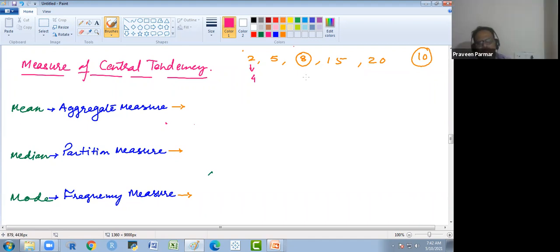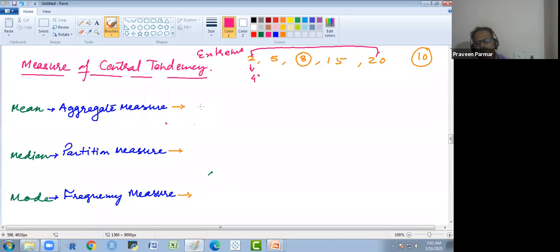So these values are called the extremes, or extreme values. Understand? So the mean is sensitive to extremes and the median is not sensitive to extremes.